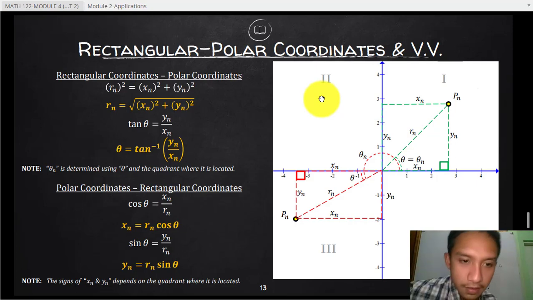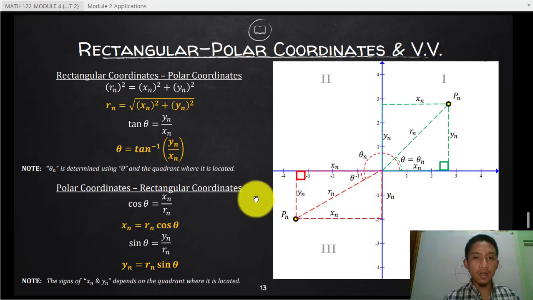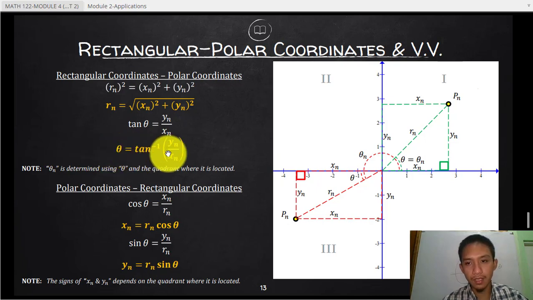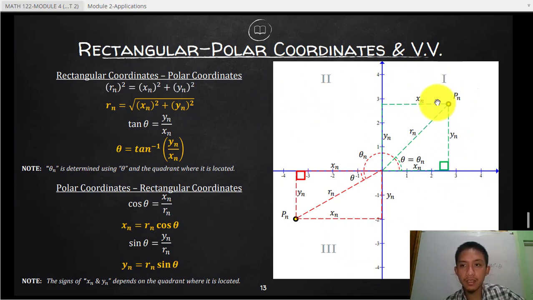So again, that is how you find your polar angle, or the angle coordinate of your point in polar coordinates. Radius is just as simple as the Pythagorean theorem, but you need to be careful with your polar angle, because the angle that you solve is not your theta sub n right away. So you need to know where the point is. Is that in quadrant 1, 2, 3, or 4?